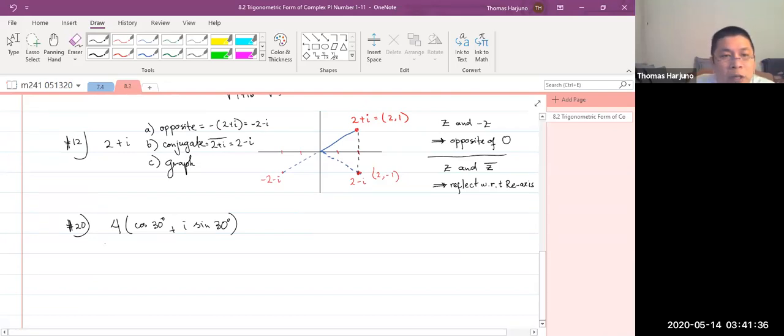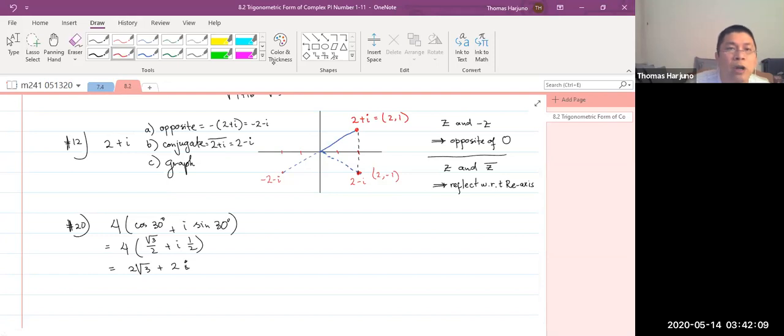What will that be in a plus bi standard form? Let's change that value first. Cosine 30 degrees is square root of 3 over 2. Sine 30 degrees is 1/2. Now I distribute the 4. I get 2 radical 3 plus 2I.